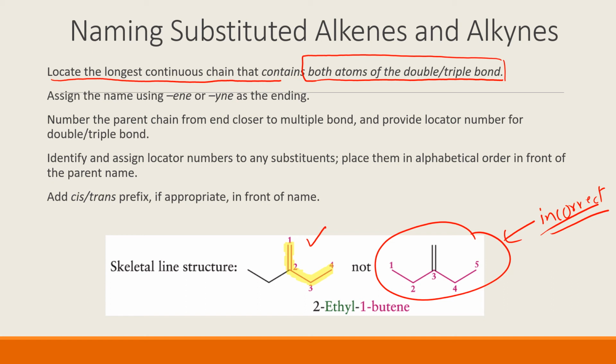Then we assign the name of the parent chain based on the number of carbon atoms, and remember, in case of alkene the name ends with ene, and in case of alkyne the name ends with yne.